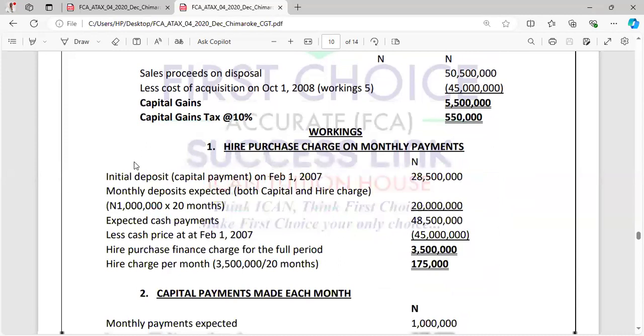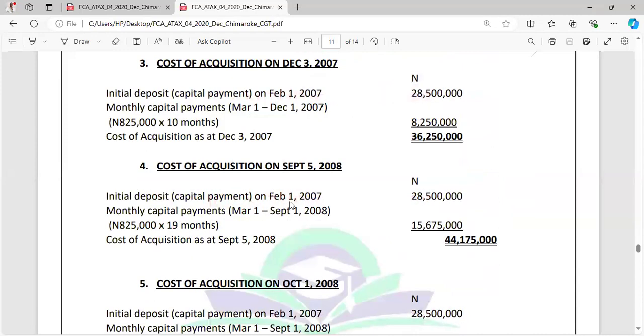In workings 4, your initial deposit of 28,500,000 is brought here. Now, monthly capital payment from March 1 to September 1 is 19 months. So you see, this is still hire purchase.